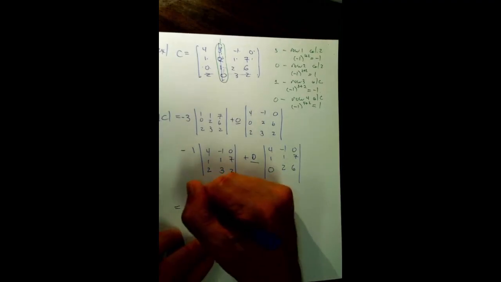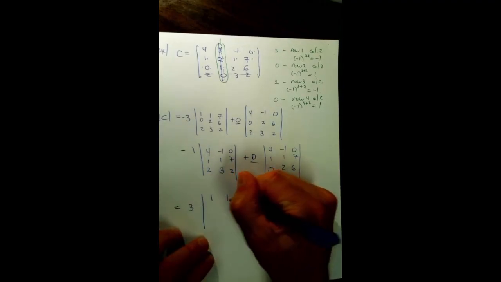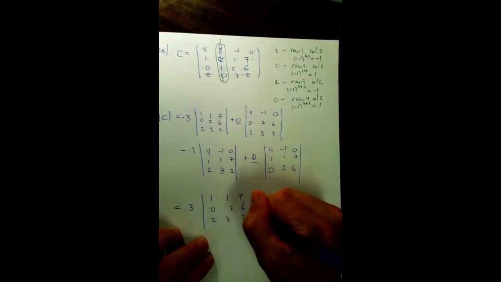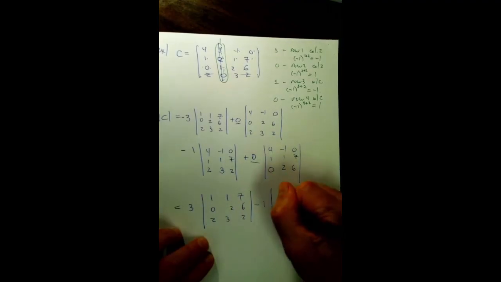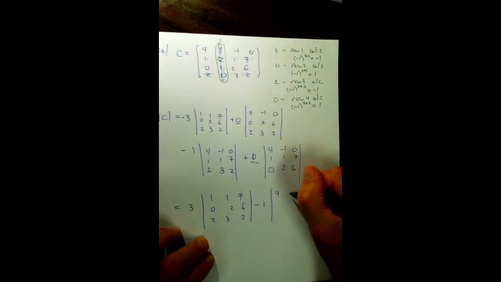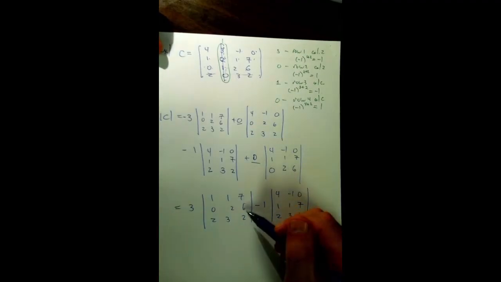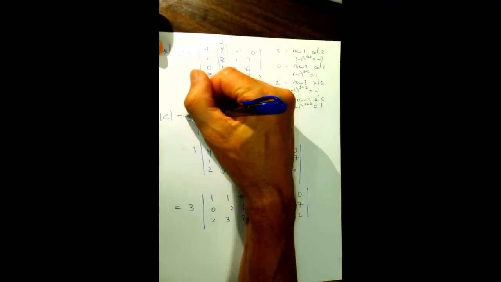So this determinant is going to be 3 times the determinant of 1, 1, 7, 0, 2, 6, 2, 3, 2, minus 1 times the determinant of 4, minus 1, 0, 1, 1, 7, 2, 3, 2. Is that correct? I think that's okay. Oops, I forgot the minus.